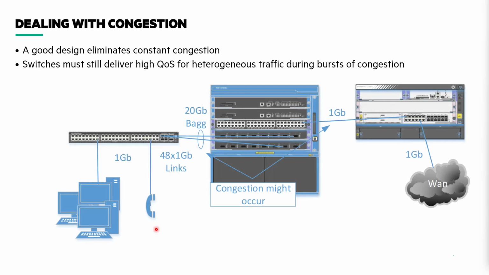Again, congestion should not be a permanent behavior of your network. Quality of service also looks after traffic that is susceptible to delay and jitter, things like VoIP and video, because these tend to be small packets, like VoIP, and they are susceptible to delay, jitter, and, of course, packet loss.